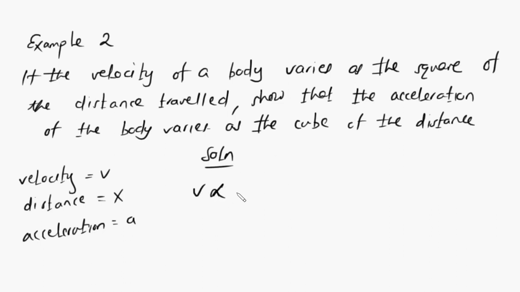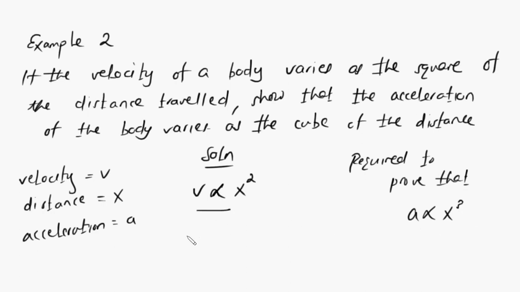So varies as the square of the distance traveled, x squared, like this one. So we're required to show that acceleration of the body varies as the cube. So required to prove a is directly proportional to cube of the distance. So kutoka hapa tufike hapa, okay? So from here now, I know this is just gonna be kx squared, where k is constant.